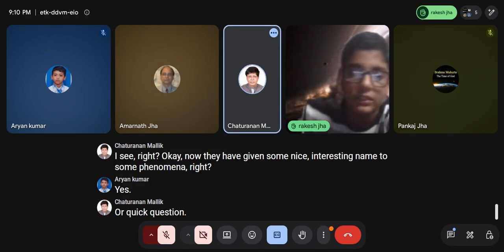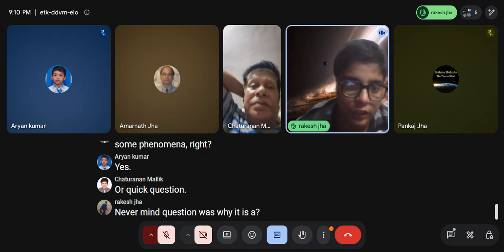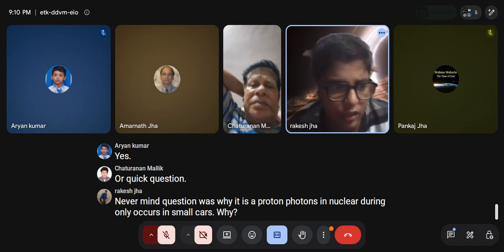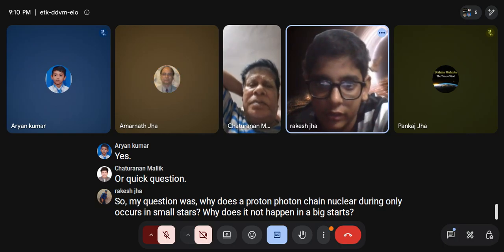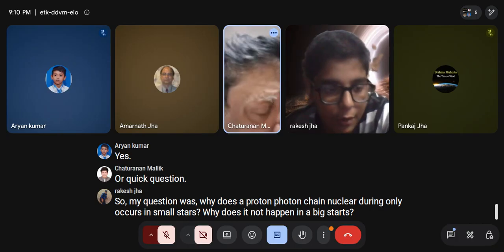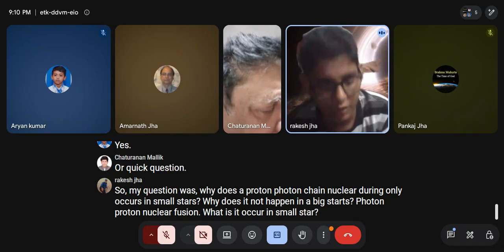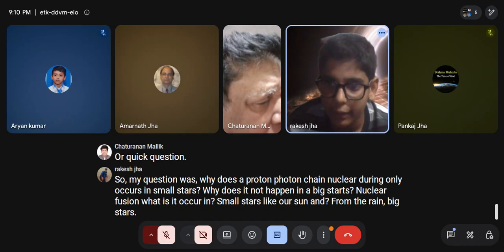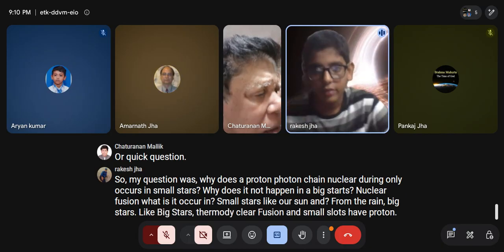Why does proton chain nuclear fusion only occur in small stars like our sun, and not in big stars? Big stars have thermonuclear fusion and small stars have the proton chain. Why is it so?